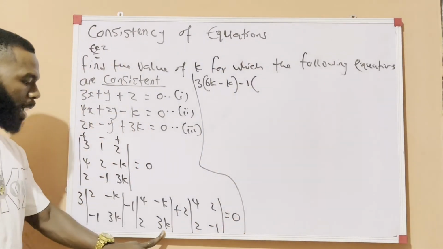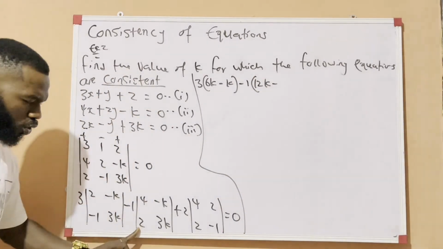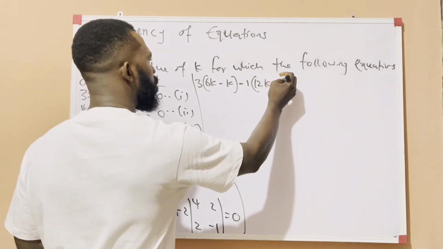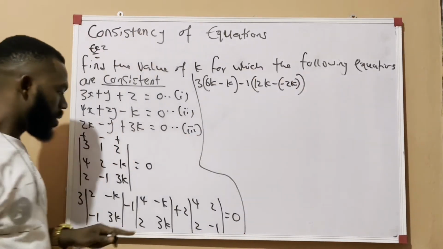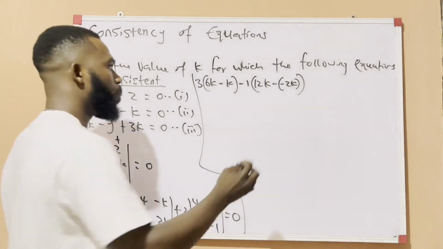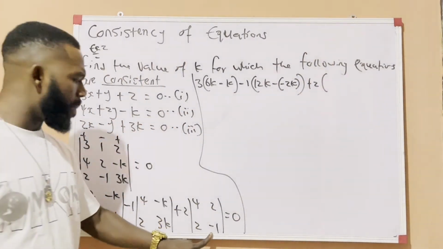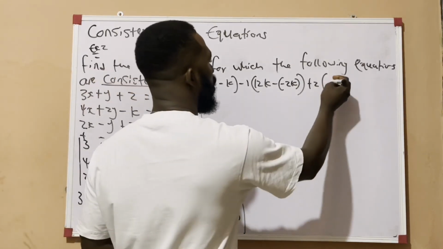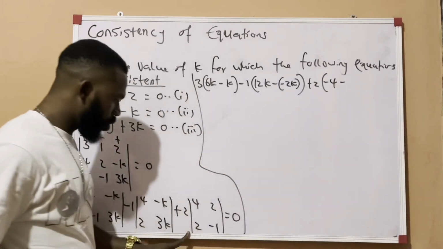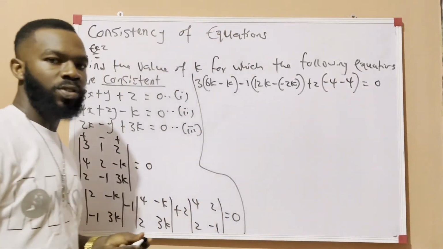We have 4 multiplied by 3k gives us 12k minus 2 multiplied by minus k gives us minus 2k in the bracket. Right, and then we'll have positive 2 into the bracket of 4 multiplied by minus 1 gives us negative 4 minus 2 multiplied by 2 gives us 4, all equal to 0.